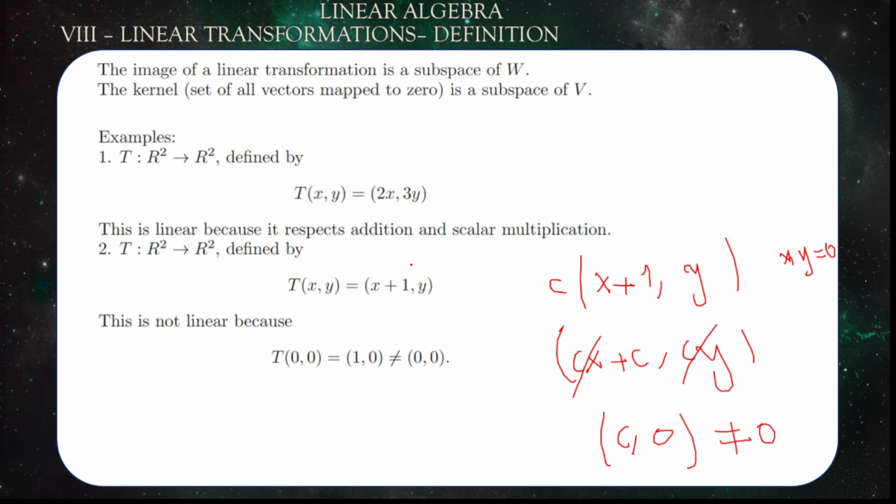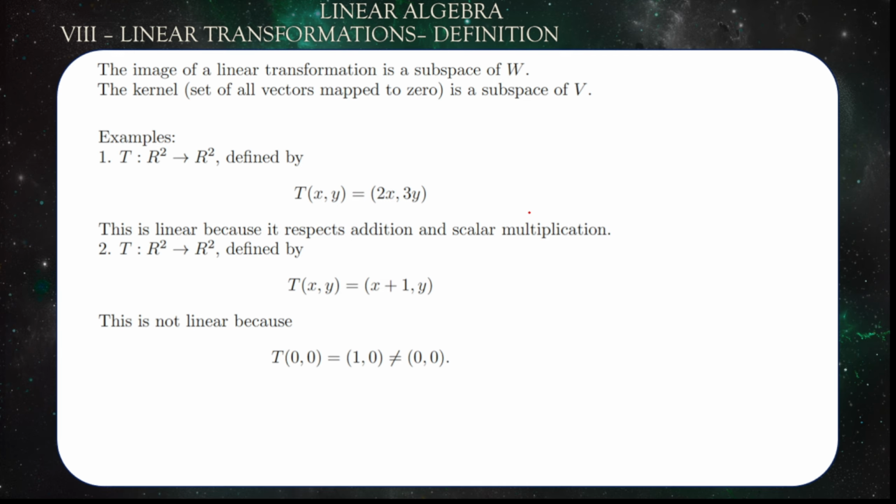Now, does it respect addition? Let's check the addition out. Let's say you have two vectors, u with coordinates x1, y1, and v with coordinates x2, y2. We simply replace x with x1 plus x2 and y with y1 plus y2.